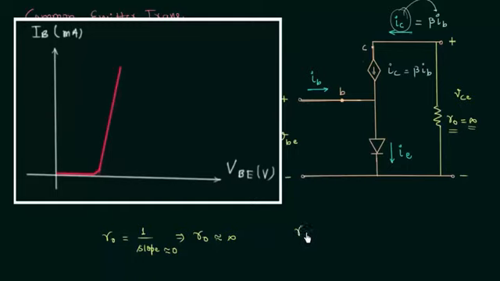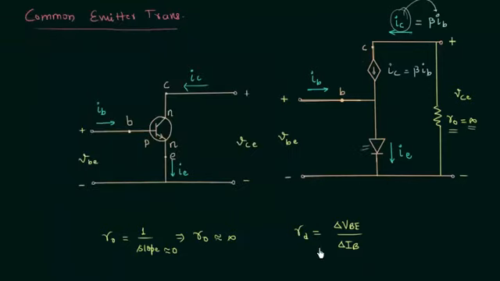It is represented by R subscript small d, and it is equal to delta VBE by delta IB. VBE is the input voltage and IB is the input current. So we can further improve our model by replacing the diode with the dynamic resistance RD.